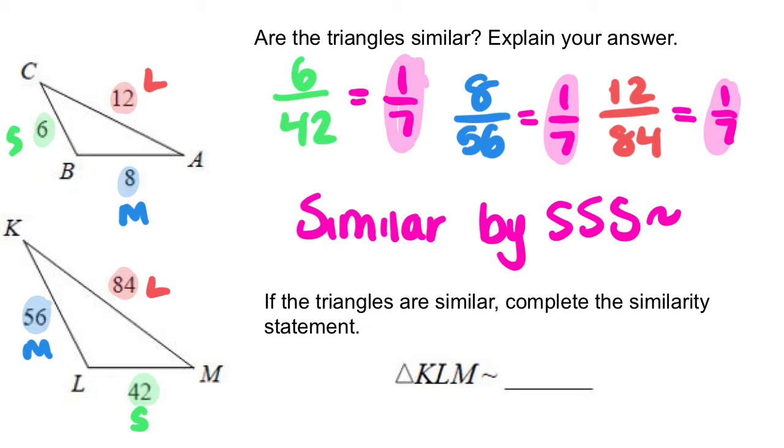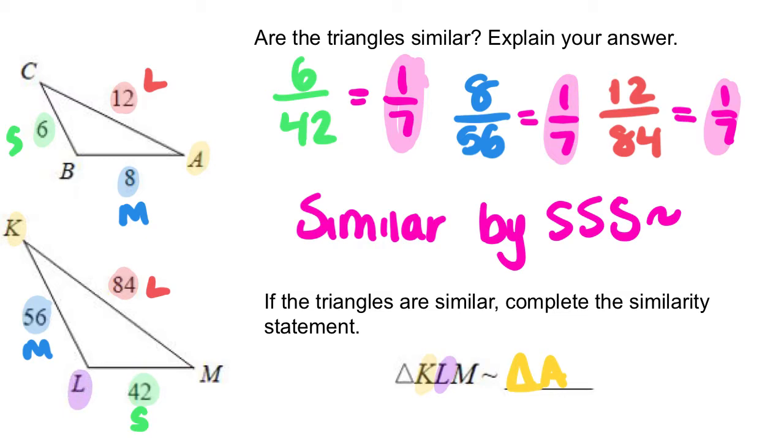So first, I need the vertex K, which in the bottom triangle is between the medium and the large side. So the angle between the medium and the large side in the top triangle is A. So I'm first going to have triangle A. Then my next vertex is L, and L is between the medium and the small side.